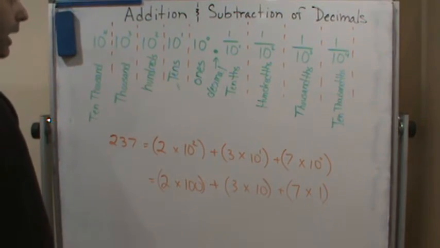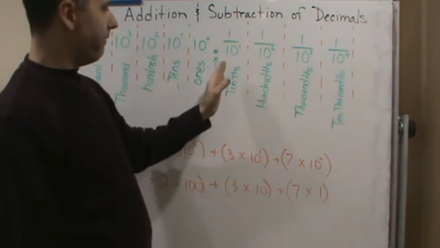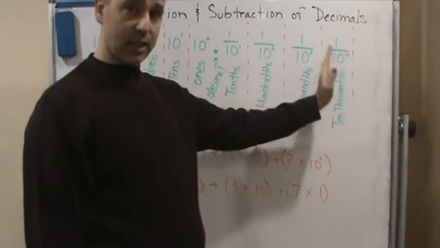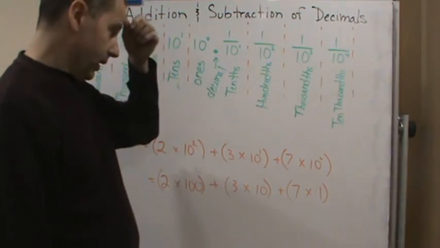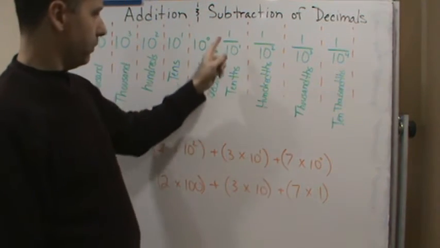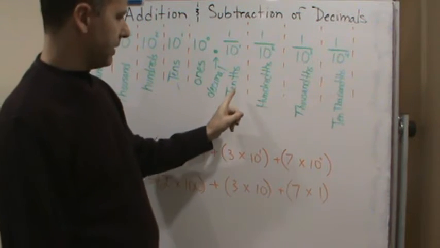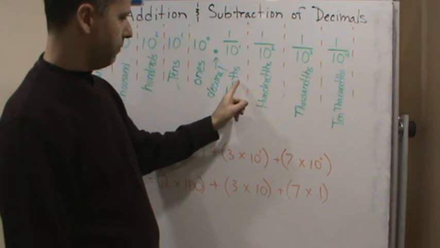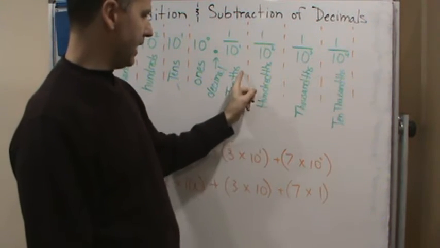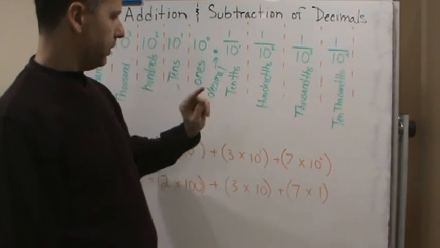Now, on the decimal side, the fractional part of the number, we divide by powers of 10. Each place value on the fractional part increases by dividing by a power of 10. So this would be 1 over 10 to the first power. Notice that this is the tenths place, and all these names end in ths. So this is the tenths place value.